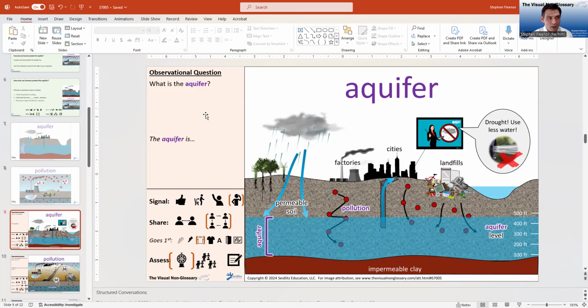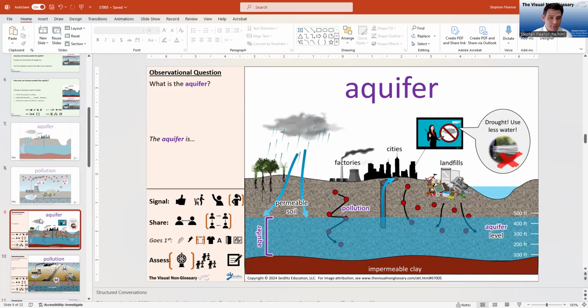So for example, what is the aquifer? The aquifer is, students are going to use the word aquifer, but they might also use the word pollution. They might talk about the aquifer level. They might talk about what cities can do to maintain the levels of the aquifer, as well as other key vocabulary words like permeable soil, for example.